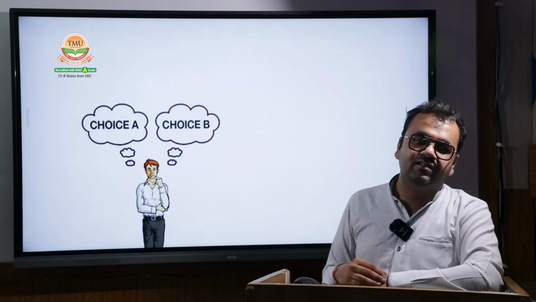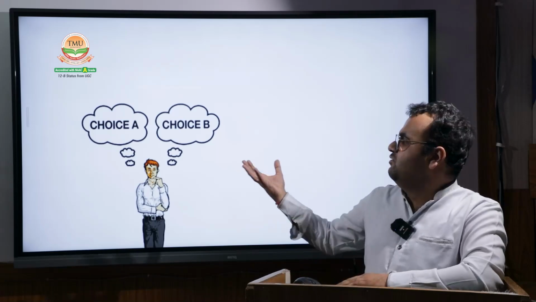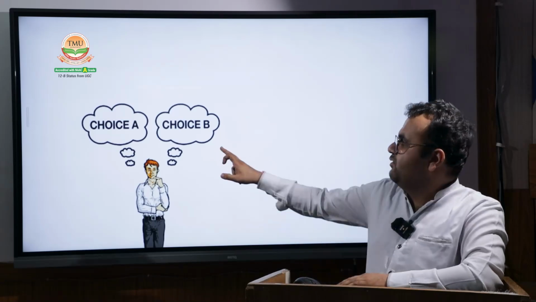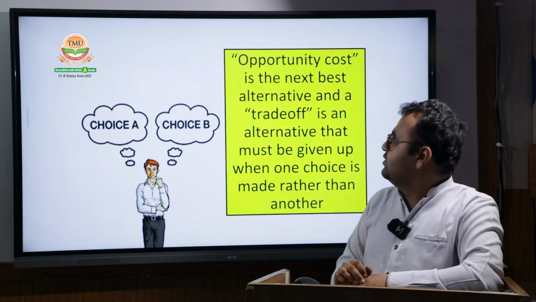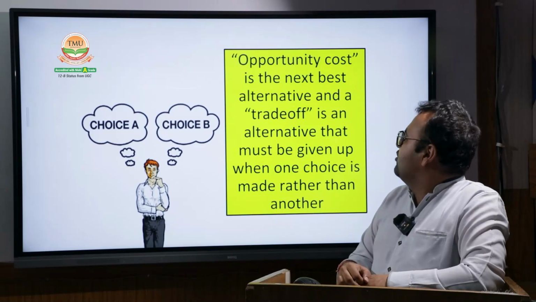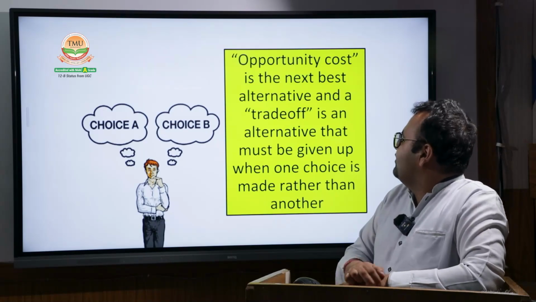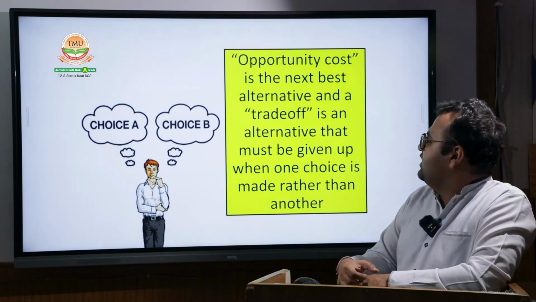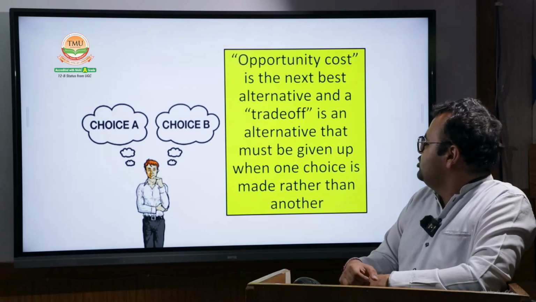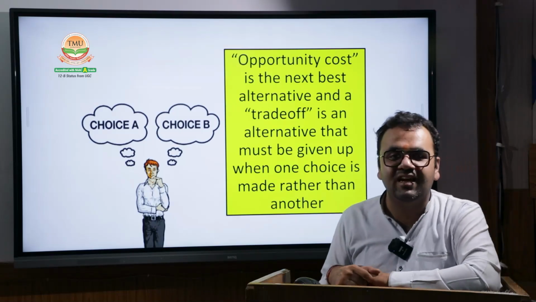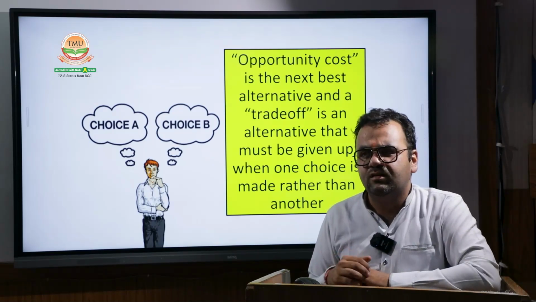Here we will understand scarcity with this example. We have one choice A and one choice B. Opportunity cost is the next best alternative, and the trade-off is an alternative that must be given up when one choice is made rather than another choice.